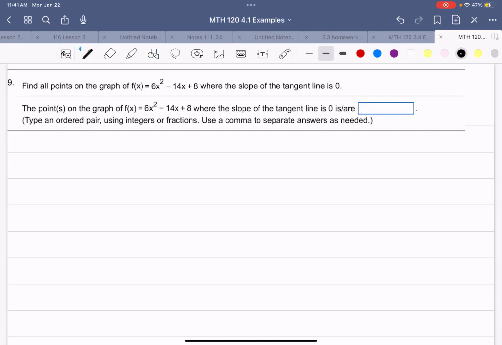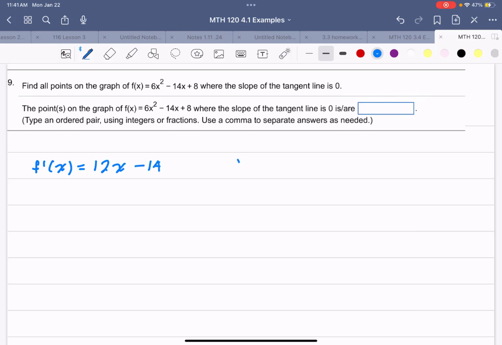Example number 9. Find all points on the graph of f of x equals 6x squared minus 14x plus 8 where the slope of the tangent line is 0. So the first thing we have to do is find f prime of x. So that's going to be 12x minus 14.